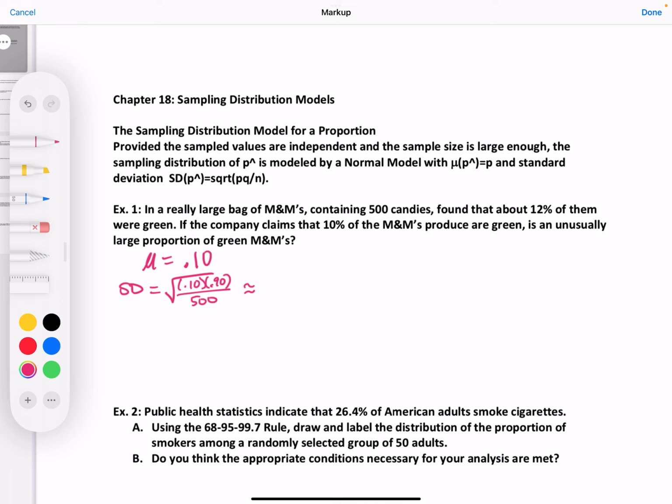Do you want to give that one a guess, or can I just tell you what it is? So, 0.1 times 0.9 is 0.09 on the top, and divided by 500.